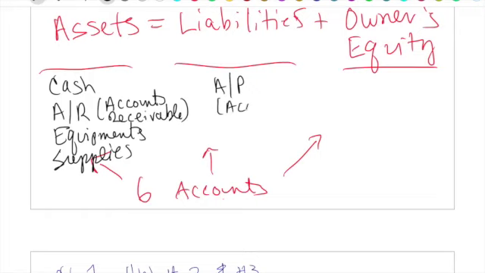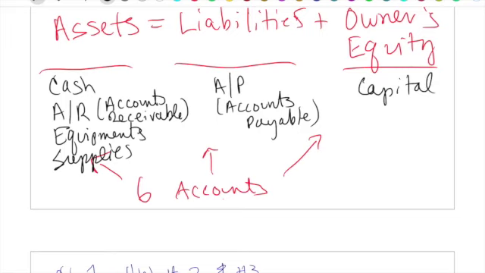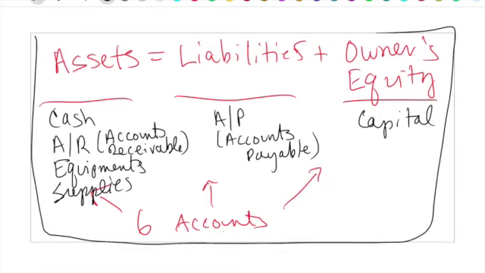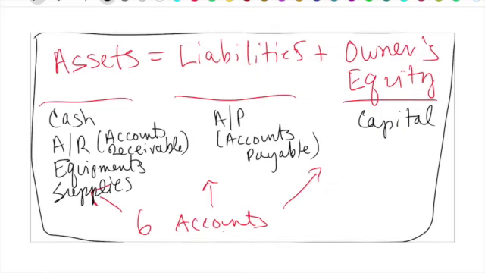Okay, accounts payable. Again, we can abbreviate this for note-taking purposes as A/P. That's what accounts payable is. And then capital is under equity. Okay, so this should be off to the side. Have what we're looking at here on a piece of notebook paper somewhere easily accessible for when we move into the next step of the problem.